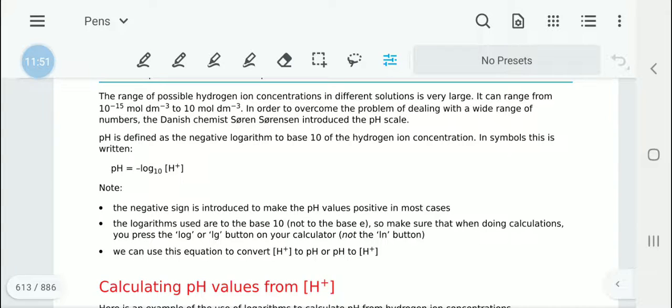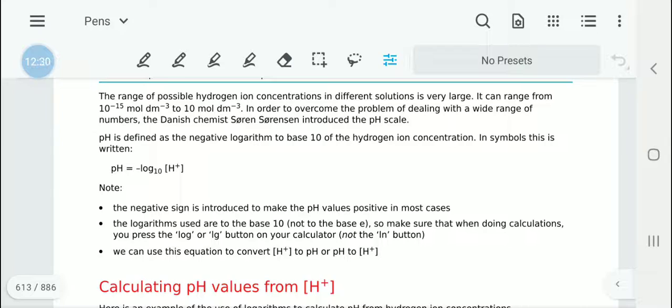The pH scale was introduced by the Danish chemist Søren Sørensen, and he defined the pH value as the negative logarithm of the H plus ion concentration to the base 10. The negative sign is introduced to make the pH values positive in most cases, and it is used to the base 10, not the natural logarithm.